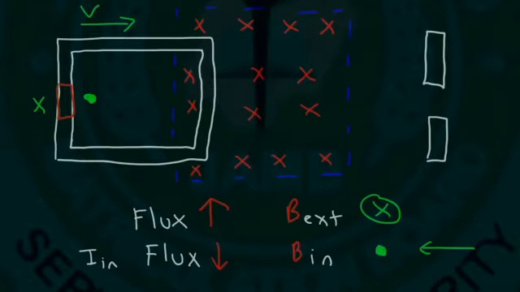Now don't forget these two pictures. Anytime you have a segment of wire when the current is going up, the induced magnetic field will be going out of the page on the right side, into the page on the left. Let's take that back. It's into the page on the right side, out of the page on the left.